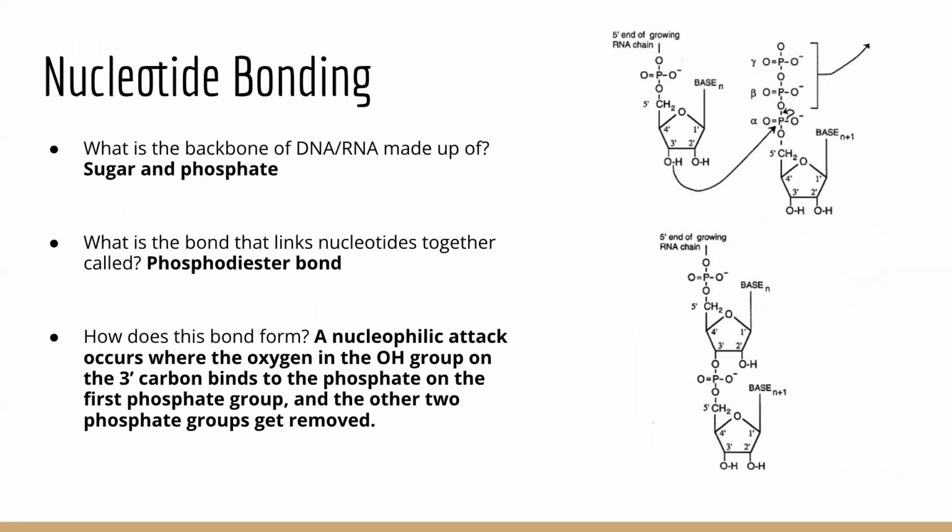the nucleotide that you're building off of basically attacks the first phosphate of the next nucleotide, which then causes the phosphodiester bond.